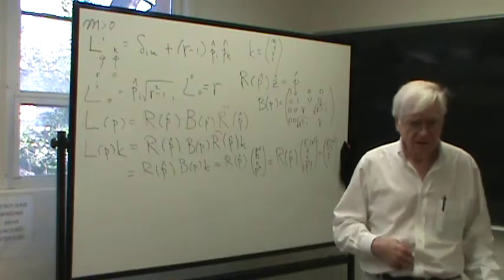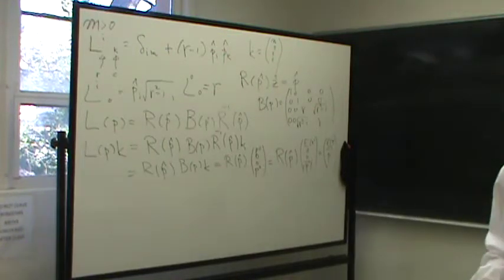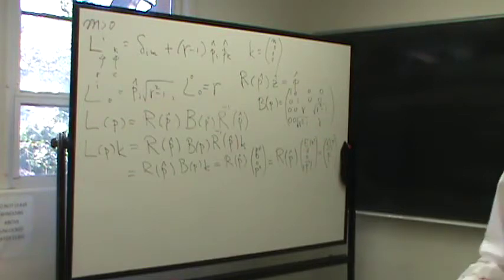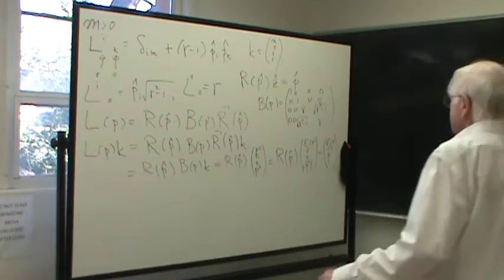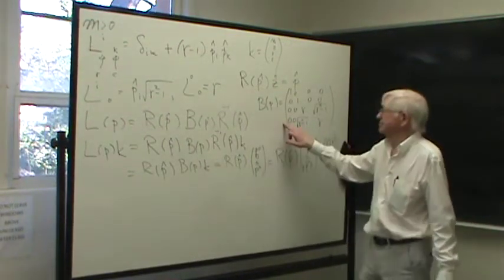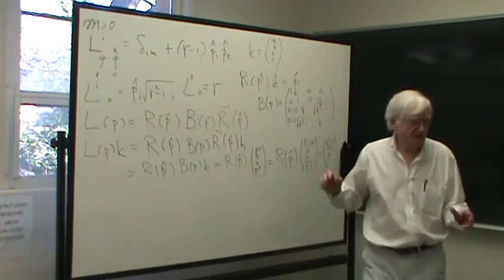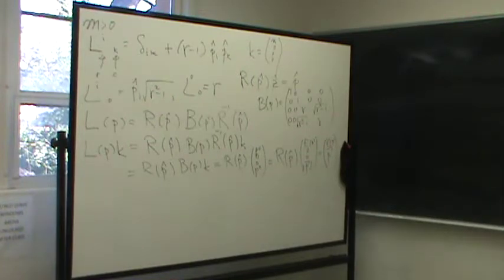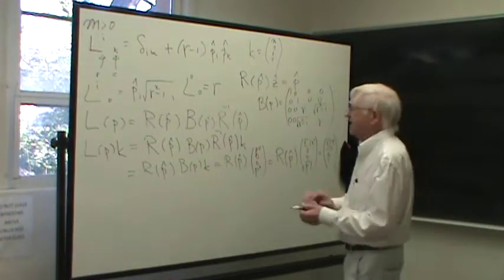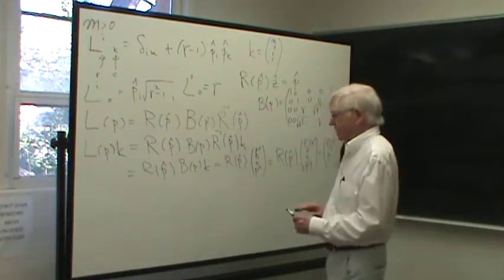So those B's are the generators of boosts. This B is simply a Lorentz boost operator. You exponentiate the generators in order to get the boost.